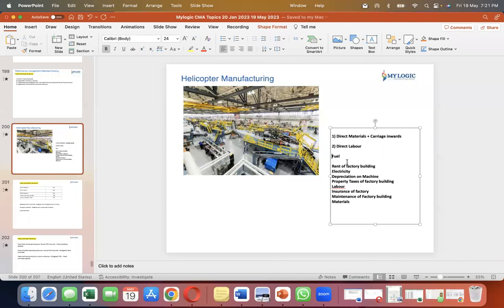Now, the third category is nothing but fuel, or what I would call trial runs. If it is a helicopter, we'll call it trial runs, aircraft trial runs, or test runs. It ensures that they are ready for getting into the next production phase. Fuel is directly required for running the aircraft.